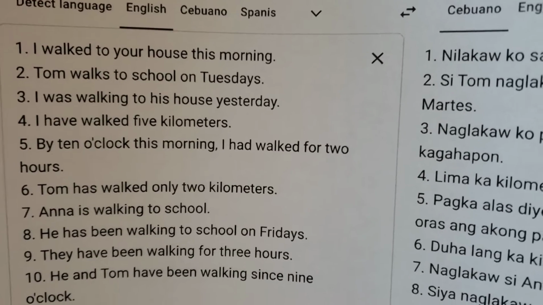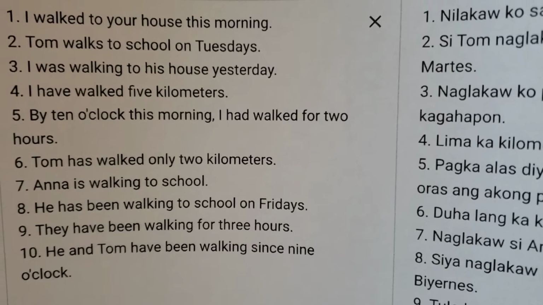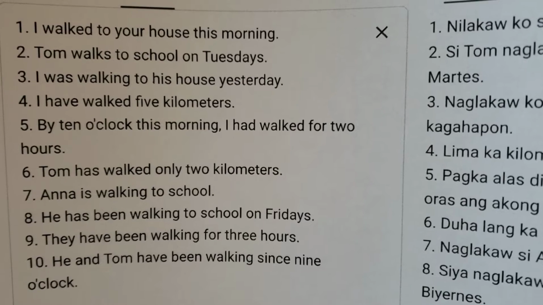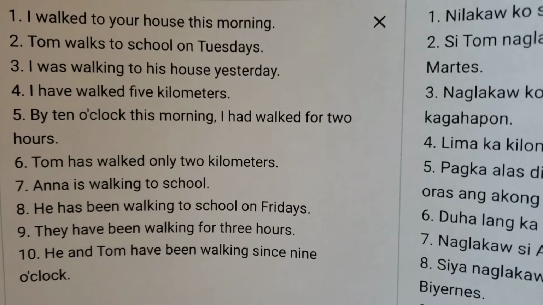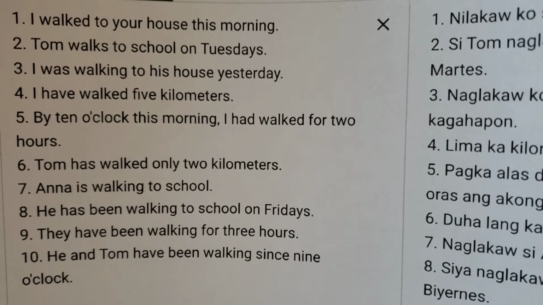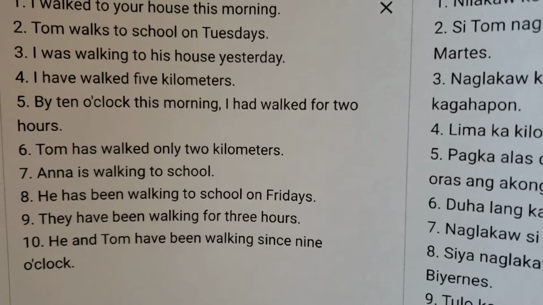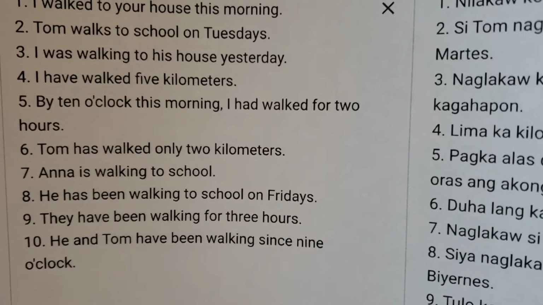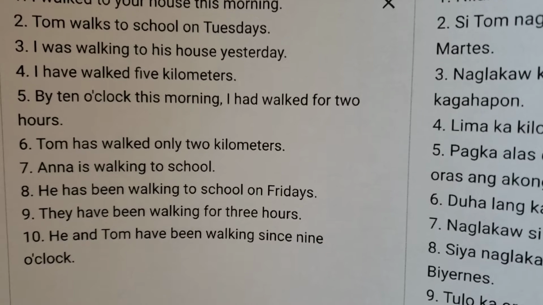Number seven, Anna is walking to school. That is a present progressive tense, a continuing action happening at the moment of the conversation. So right now, Anna is walking to school. Number eight is an example of a present perfect progressive tense. He has been walking to school on Fridays.